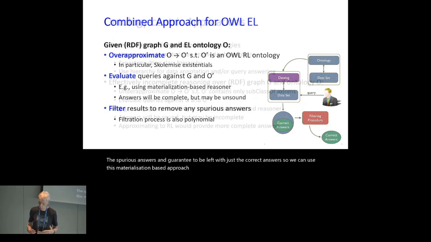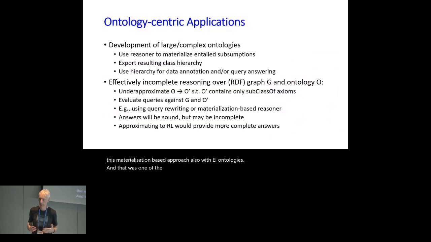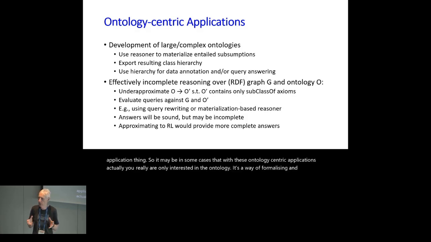And that was one of the reasons I mentioned that, was to come back to this ontology-centric application thing. So it may be in some cases that with these ontology-centric applications, you really are only interested in the ontology. It's a way of formalizing and sharing knowledge, and that's actually all you want to do.